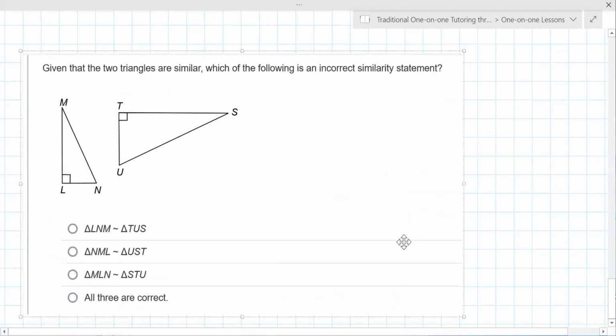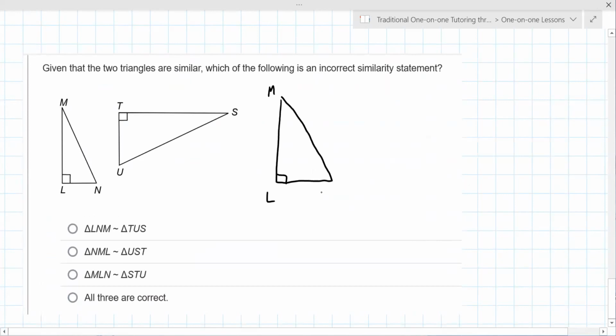Given that the two triangles are similar, again I have to redraw them, and that's one of the things I like about this digital format, that we can quickly redraw these things. So there's T, there's U, and there's S.